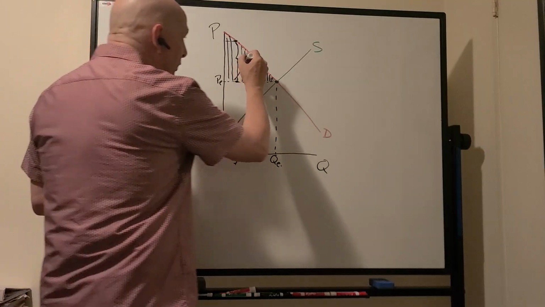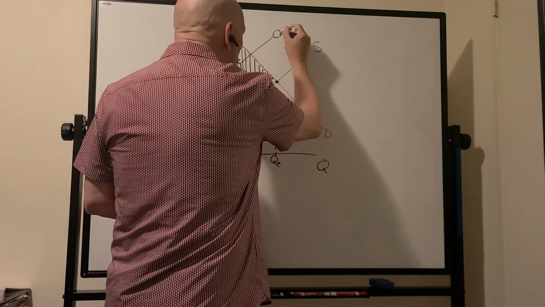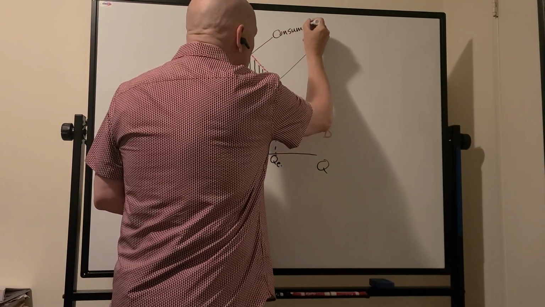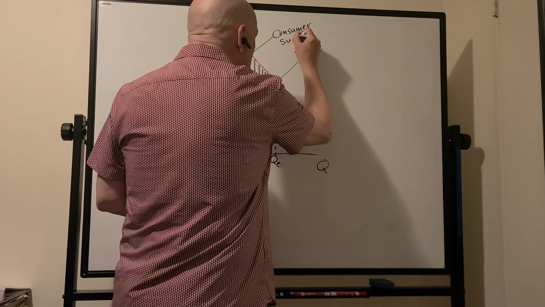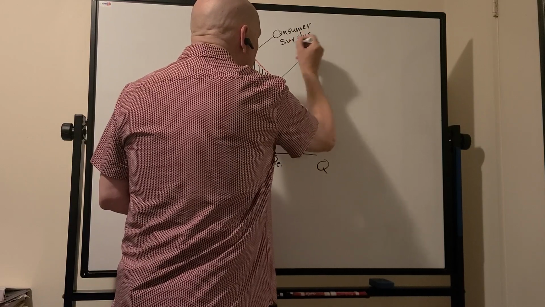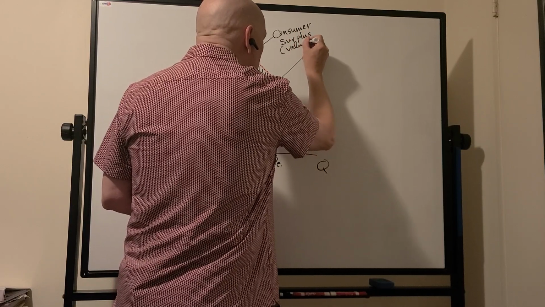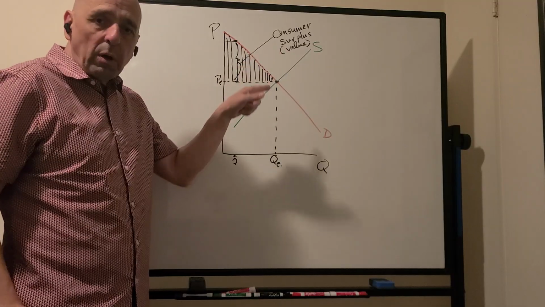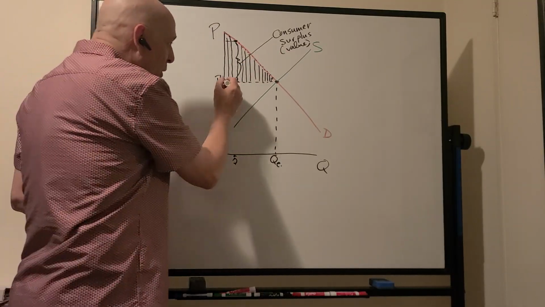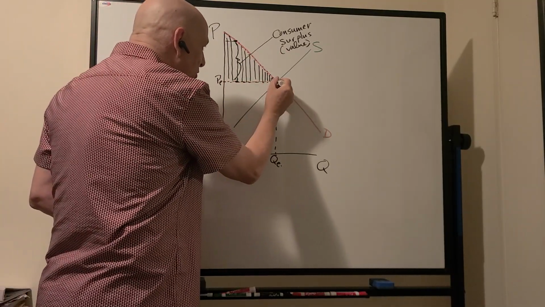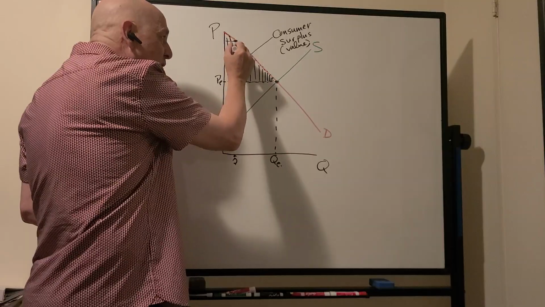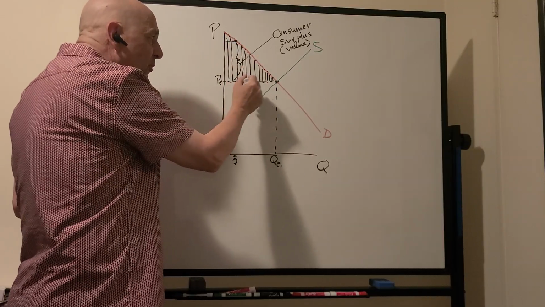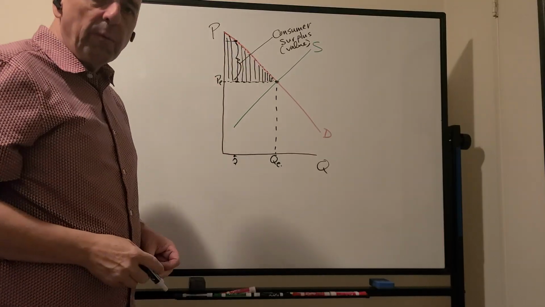So this is where we have our consumer surplus. And you may as well think of it as surplus value. People are paying this price, but they would have been willing to pay this much, so they get a surplus of value.